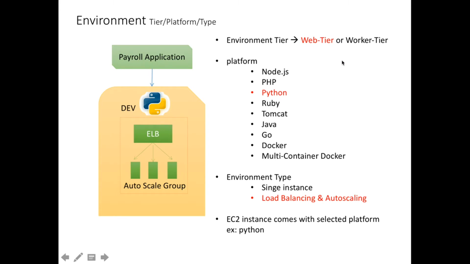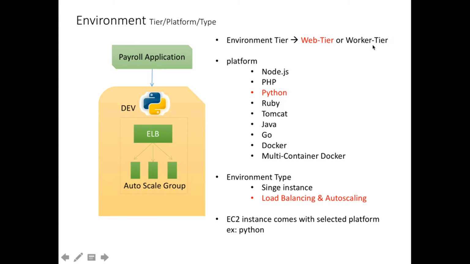Beanstalk supports two different types of environment, web tier and worker tier. What is web tier? What is worker tier? Web tier is any application like web applications responding through the web, HTTP protocol. Those are called web servers, web tier applications.